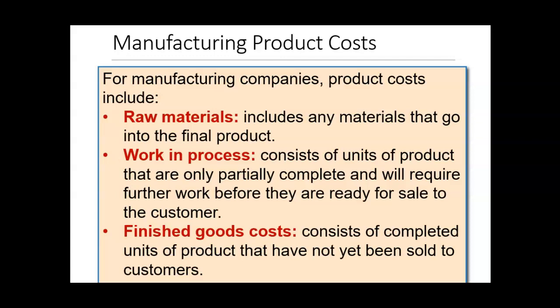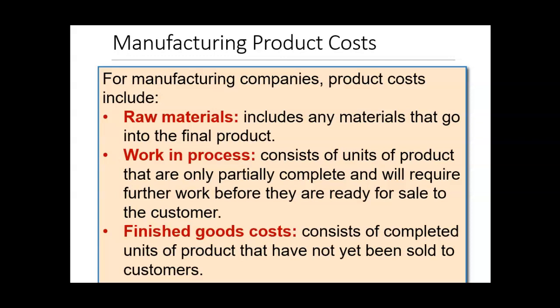Those raw materials are then put into production to manufacture the actual product. So think about the materials going down the assembly line. That's what we call work in process. We are now working on those materials. We add the windows, the doors, the brakes, etc., to produce the actual product. So it goes from raw materials to work in process.